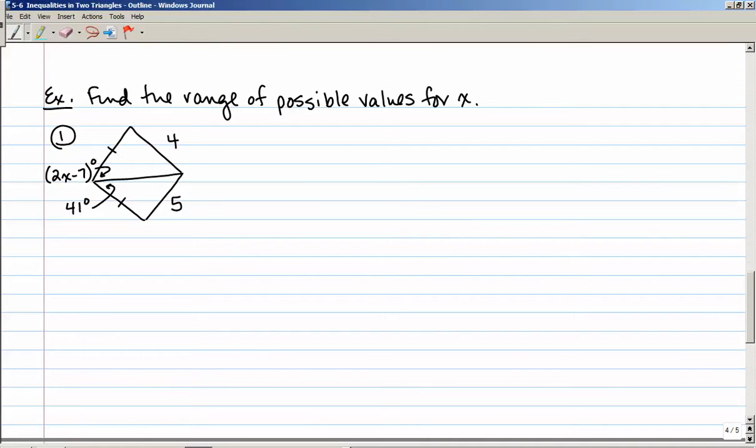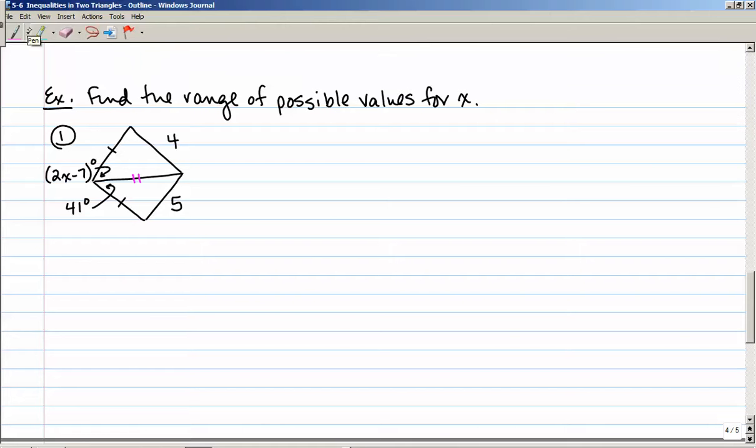This problem says find the range of possible values for x. So we're given two triangles here, and we know they share this side, so we do have our Hinge theorem in effect here, because I have two sides that are congruent to each other and then two angles in between them.